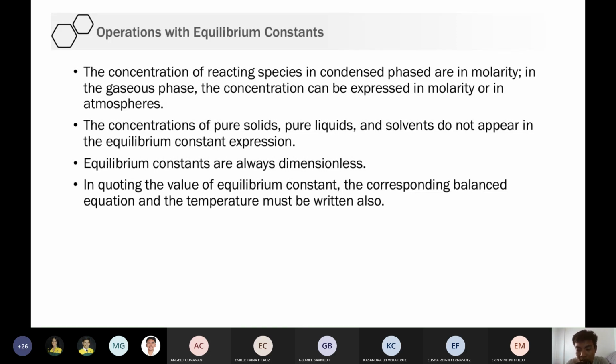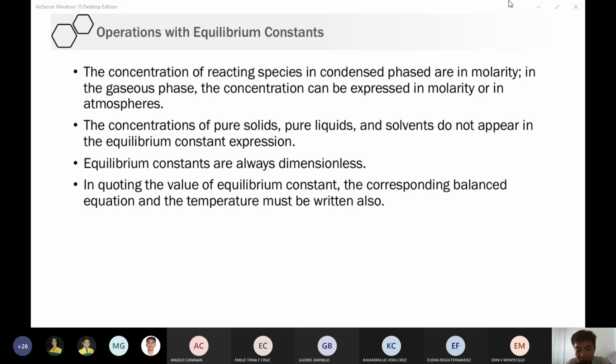So that's why Kc lang kapag condensed phase or aqueous. Kapag gaseous phase, meron kang Kc and Kp at the same time. Second, the concentration of pure solids, pure liquids, and solvents do not appear in the equilibrium constant expression. The reason why is makukwento next chapter. Okay, so doon natin makikita bakit hindi pwede siya isulat.